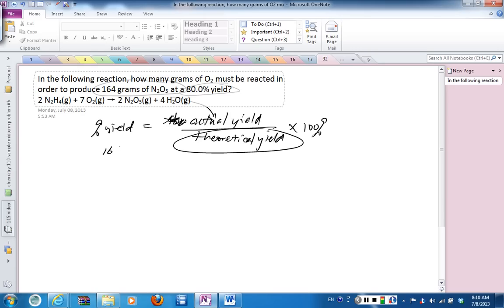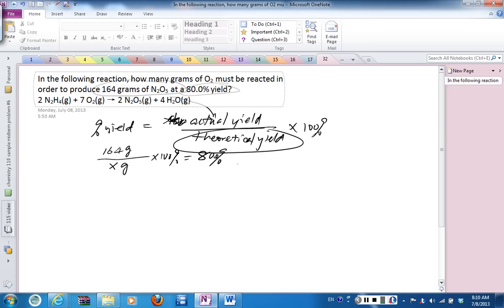So 164 grams of actual yield over X grams of theoretical yield times 100% should equal 80%.